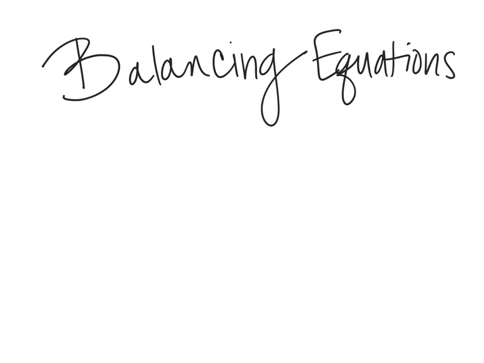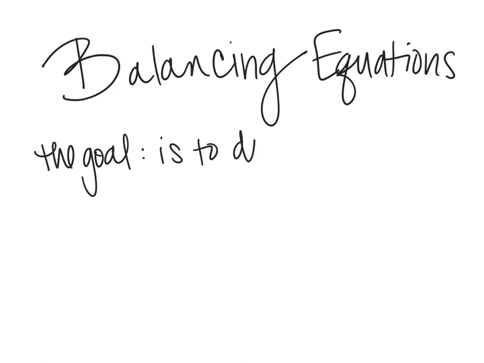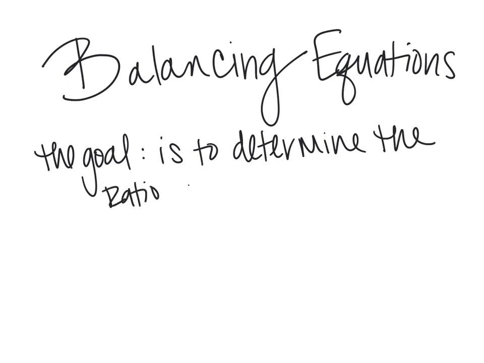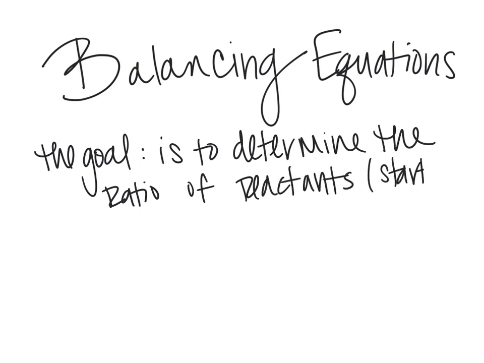So chemical equations are an important aspect in chemistry, and one of the important factors is balancing chemical equations. The goal is to determine the ratio of reactants, otherwise known as the starting material, to products.